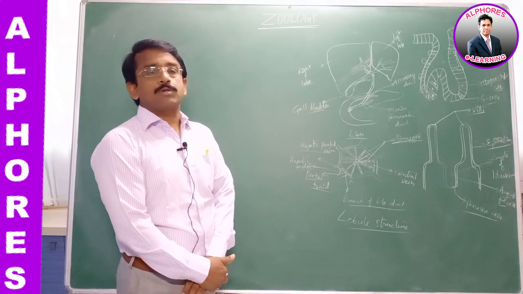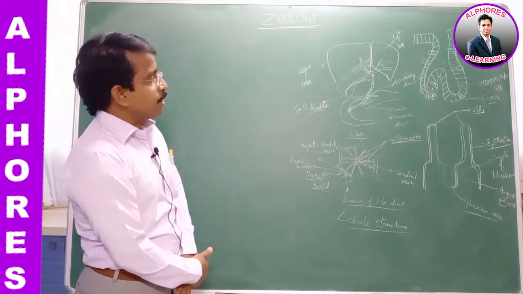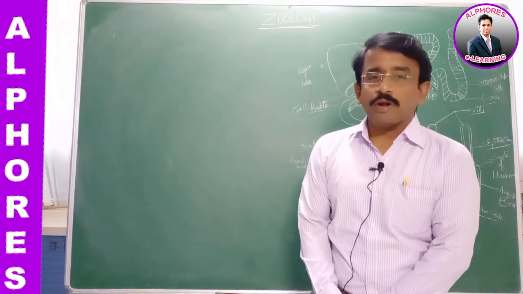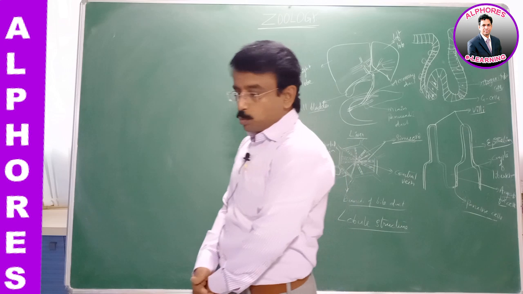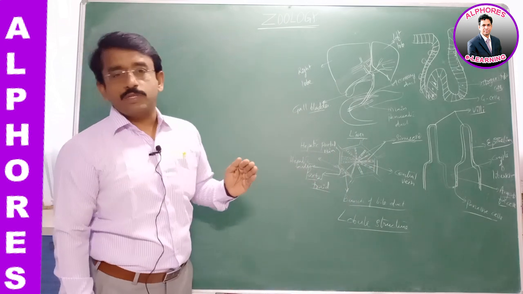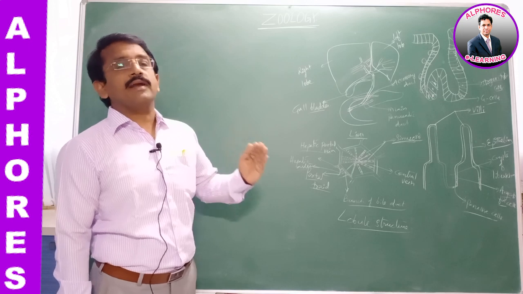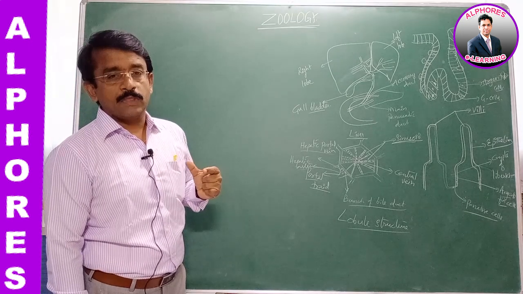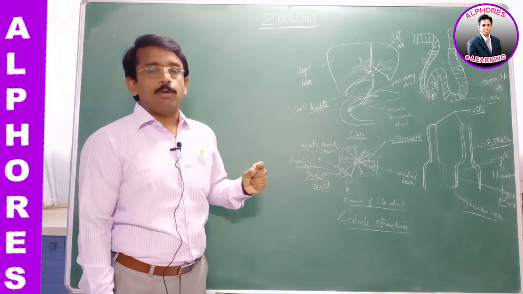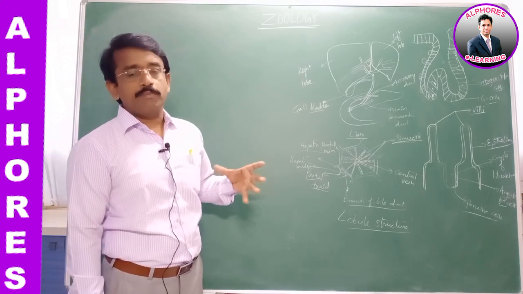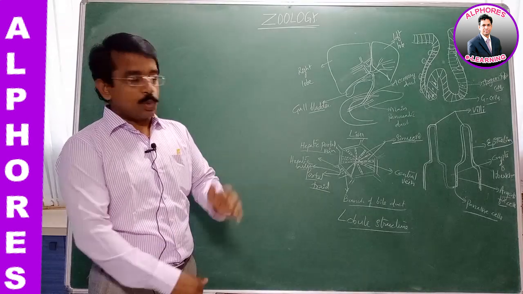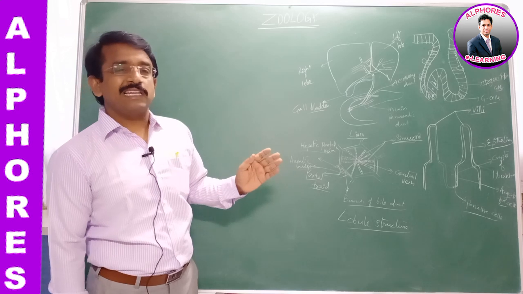The chief cells or the peptic cells secrete pepsinogen or prorenin, an inactive enzyme. Generally, the enzymes are released in an inactive form. The reason is, if they are not in inactive form, they may damage the body parts. So they are released in an inactive form.